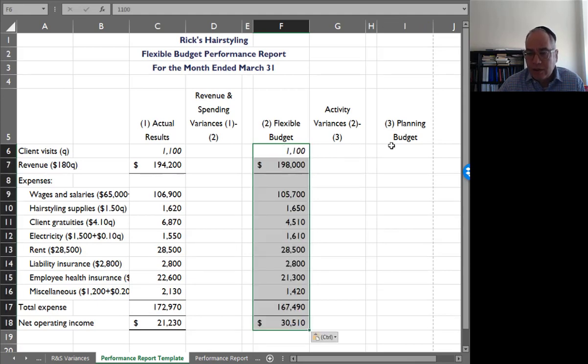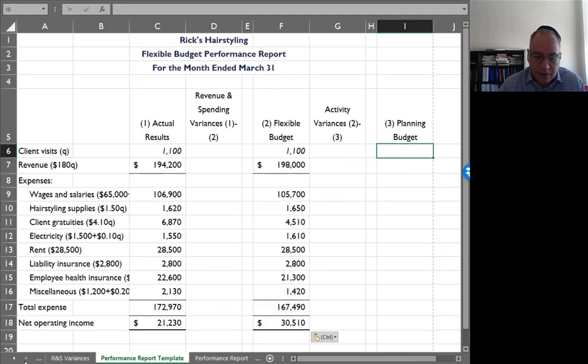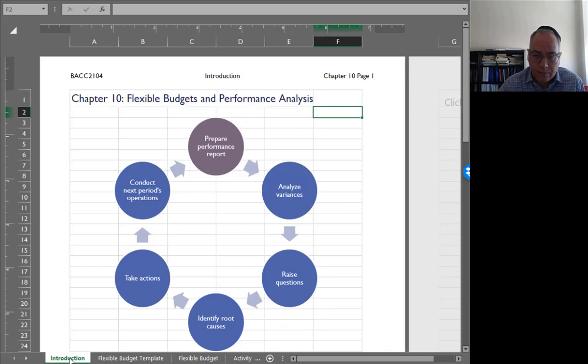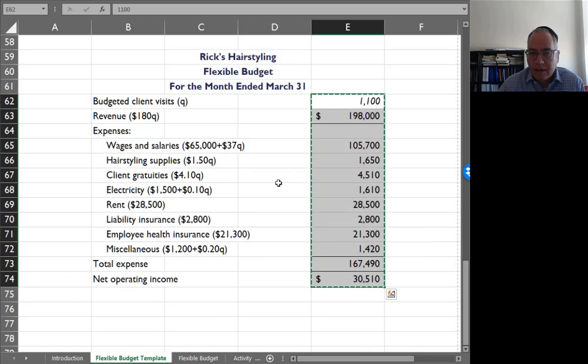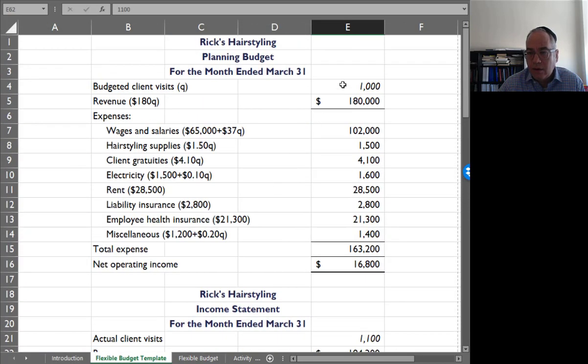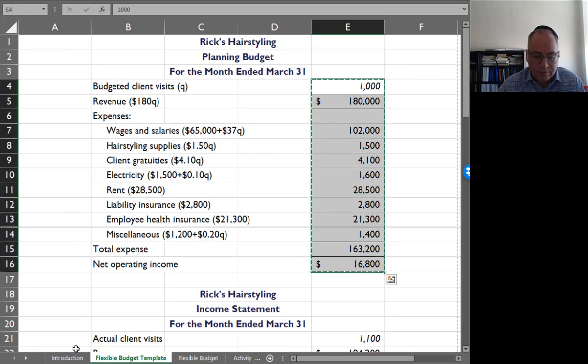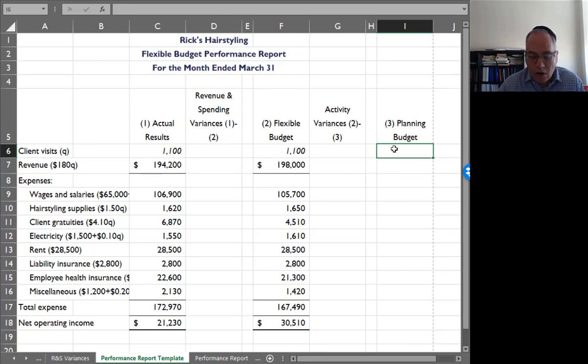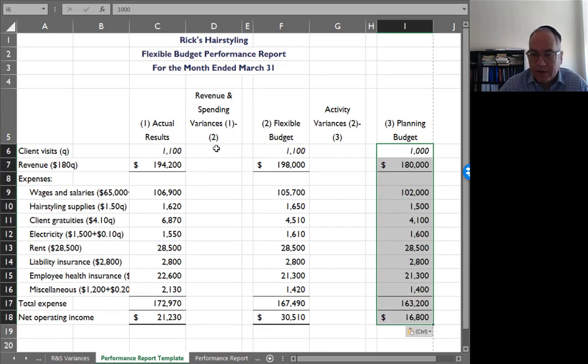My flexible budget here, and my planning budget was way back in the beginning over here. So now I've got all the different budgets in one place, and I can begin to look at what the differences are.